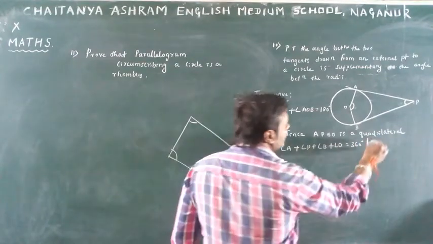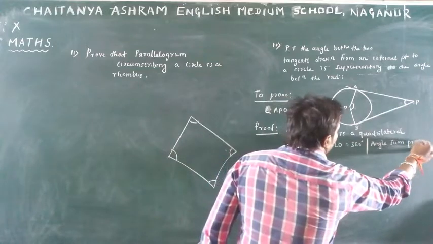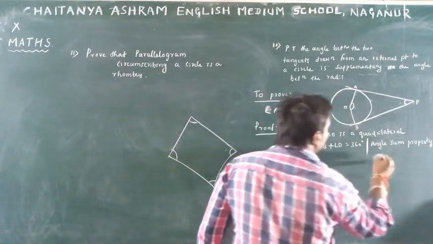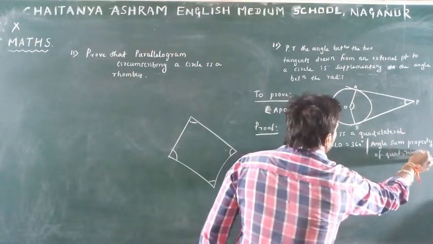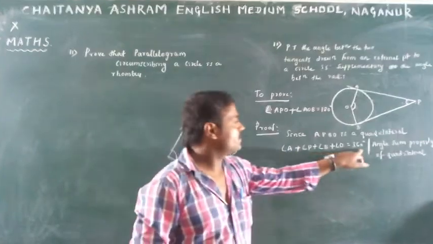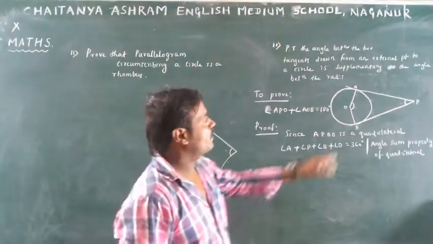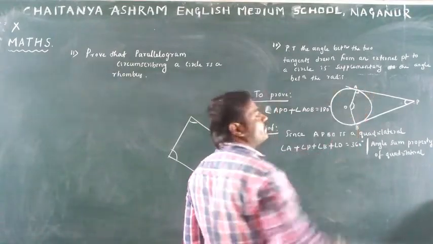This is because of the angle sum property of a quadrilateral. The sum of 4 interior angles of a quadrilateral is 360 degrees. Now, dear children, what is the measure of this angle?